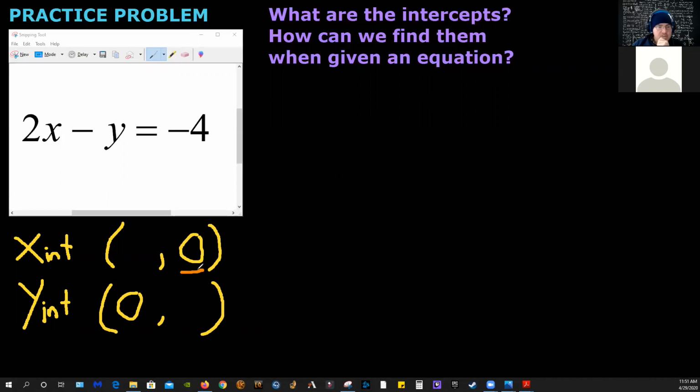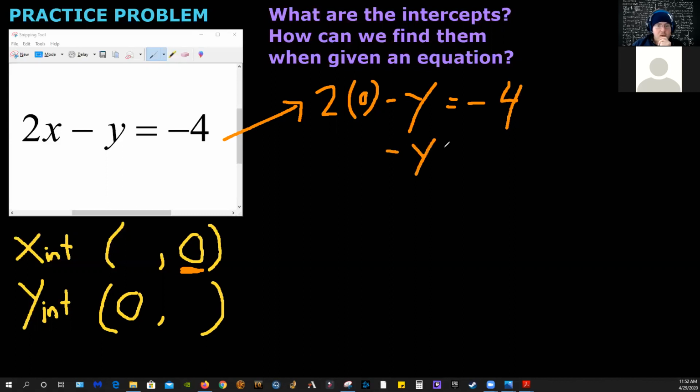So if I was going to put a 0 in for x, let's see what that would look like. That'd be 2 times 0 minus y equals negative 4, which means that negative y is equal to negative 4 because anything times 0 is 0. So this is basically a negative 1y.